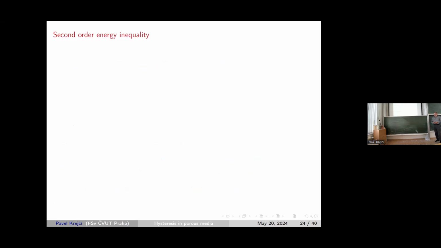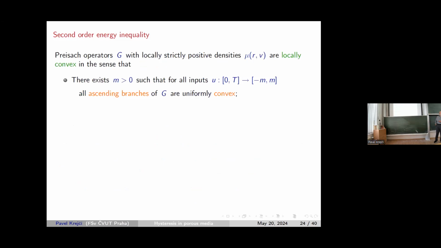Now, there is another feature of hysteresis operators, namely the second order energy inequality. This is something that has been known for 40 years now. If the Preisach operators have a strictly positive density, then there exists a convexity interval.